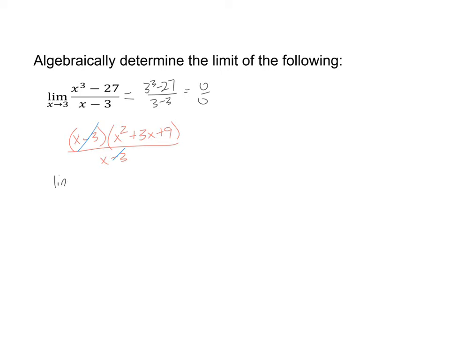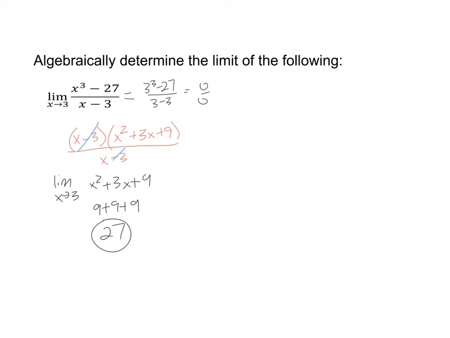If we do our limit as x approaches 3 of x squared plus 3x plus 9, that should give us 9 plus 9 plus 9, which is 27. So what we figured out is that when x is 3, we're getting a y value of 27, and that should be our point of discontinuity.